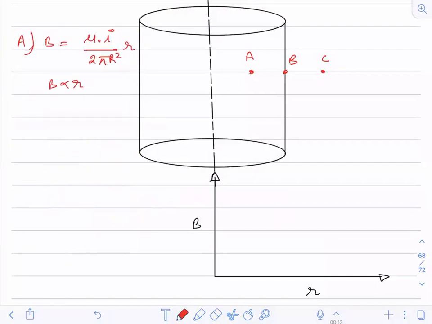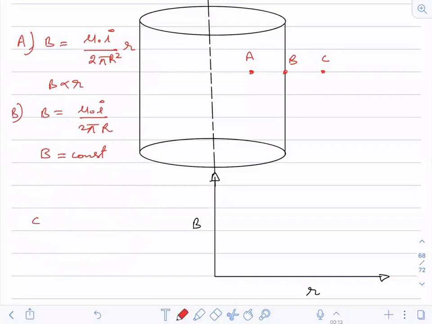For point B, the magnetic field was given as mu naught I divided by 2 pi capital R. So this B value is a constant value. It does not depend upon the small r value.